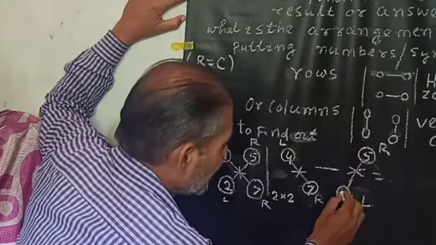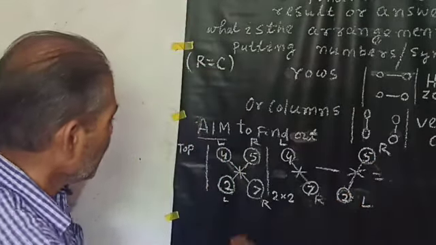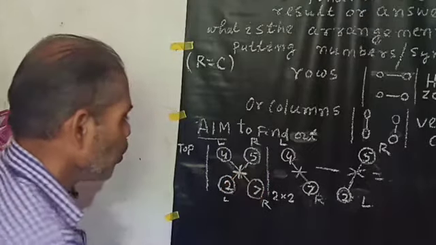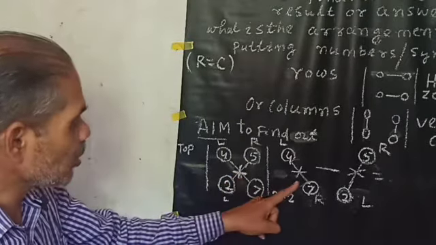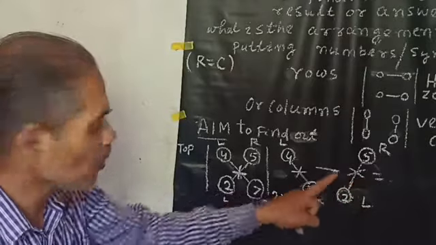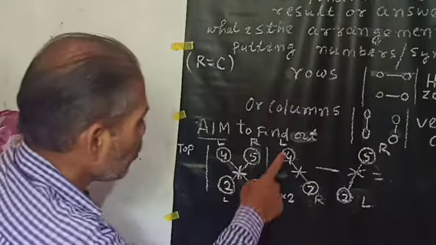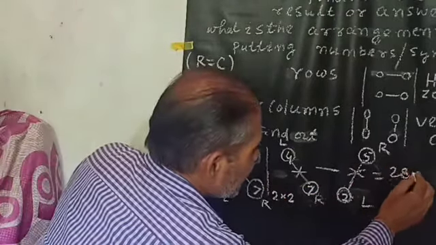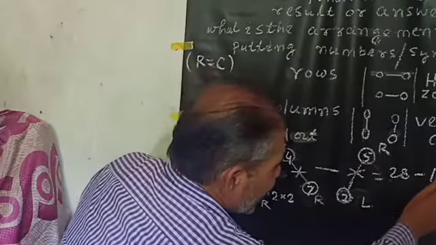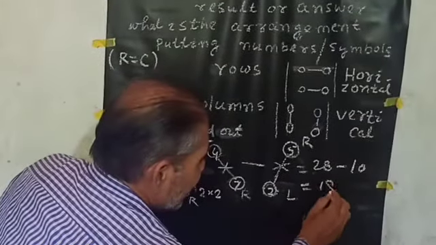Look, there is a cross mark here, there is a cross mark here. Cross mark means into. 4 into 7, 28, minus 5 into 2, 10, is equal to 18.